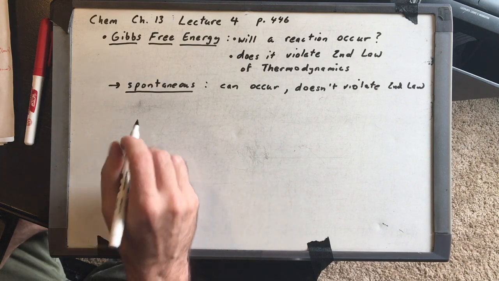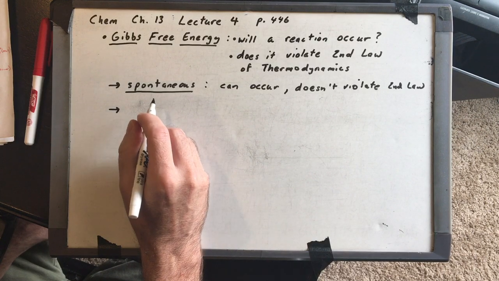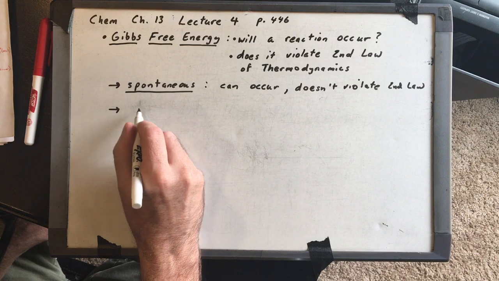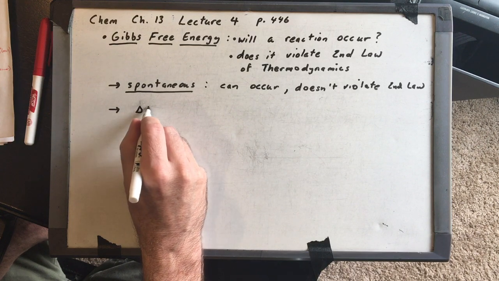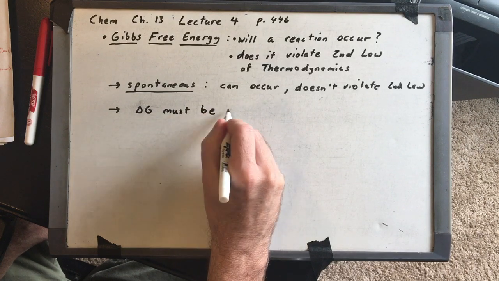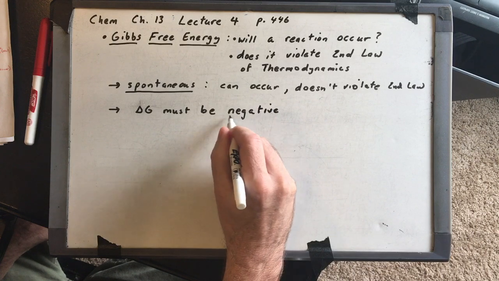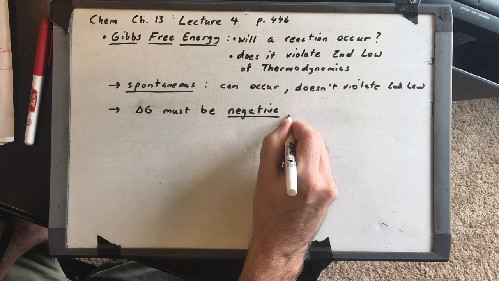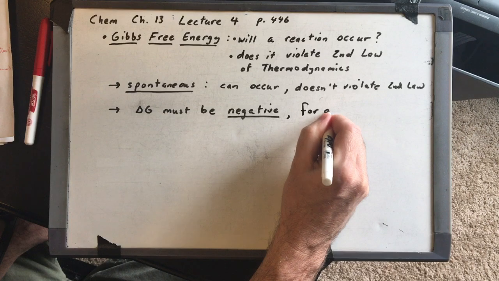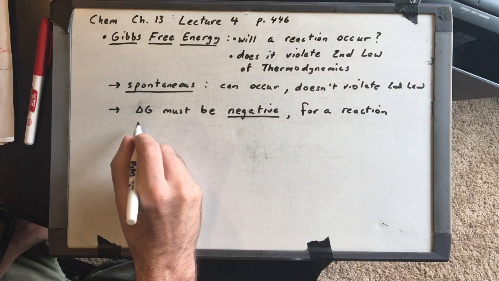But this is a key concept: Gibbs free energy, which we'll call delta G, must be negative for a reaction to be spontaneous.